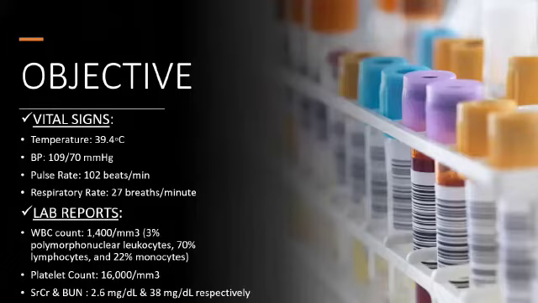Her lab reports show a WBC count of 1400 per cubic millimeter, in which 3% polymorphonuclear leukocytes, 70% lymphocytes, and 22% monocytes are included. Her platelet count is 16,000 per cubic millimeter. Her serum creatinine and BUN are 2.6 milligrams per deciliter and 38 milligrams per deciliter respectively.